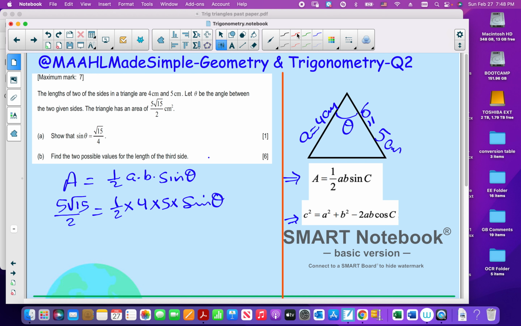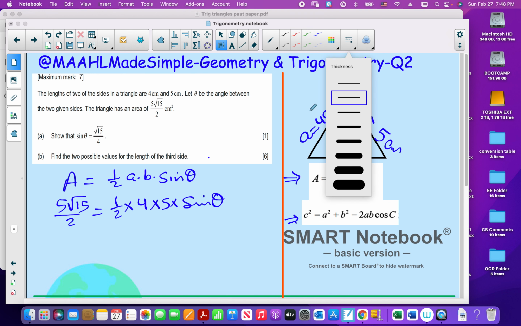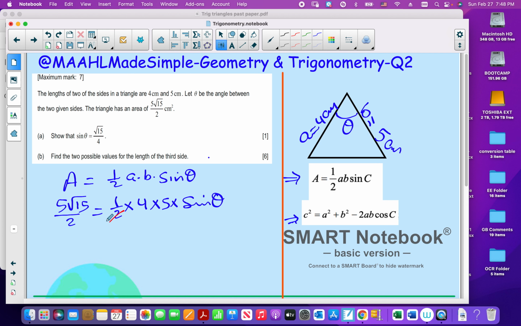You can see this. The 2 is in the denominator on the right hand side and the 2 in the denominator on the left hand side, I can simplify that. Likewise, this is 1 and this is 1. 5 on the left hand side, 1 with this 5 is 1.